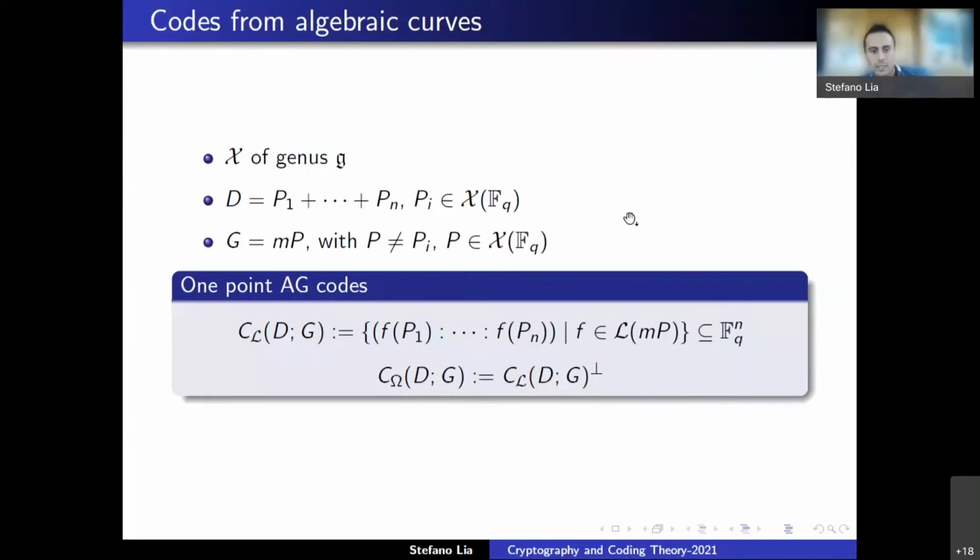Then you can define two linear codes as follows: C_L(D,G), whose elements are the n-dimensional vectors with coordinates the evaluation at the points prescribed by the divisor D of the functions which belong to the Riemann-Roch space associated to the divisor G. And of course, we can also define the dual of this code, which can also be obtained in other ways with differentials on the curves, but we are not interested in this case.